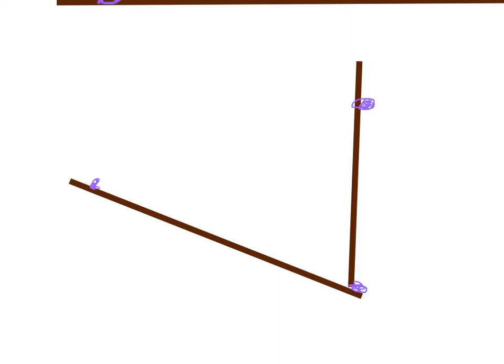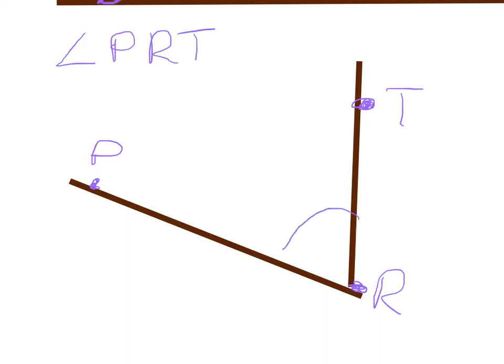And this will be angle P, R, T. Sorry for the pause there. Okay, so we need to find the measure of angle PRT, which, remember, means the interior angle.